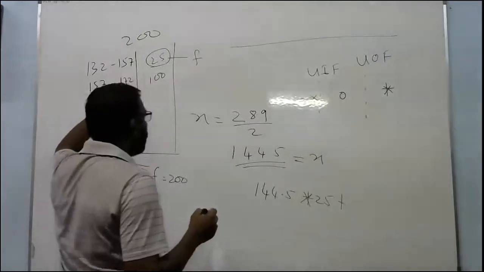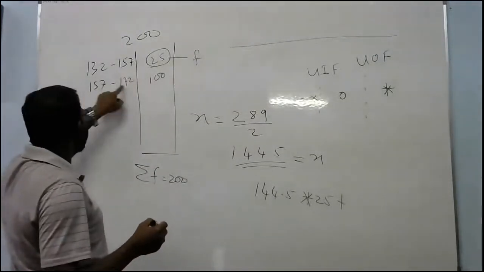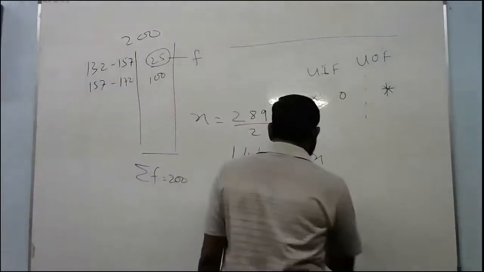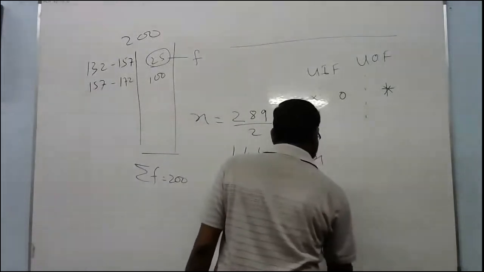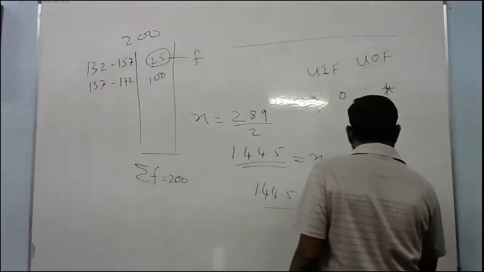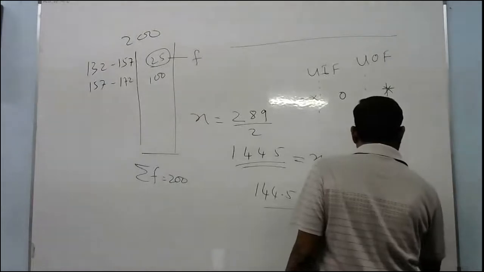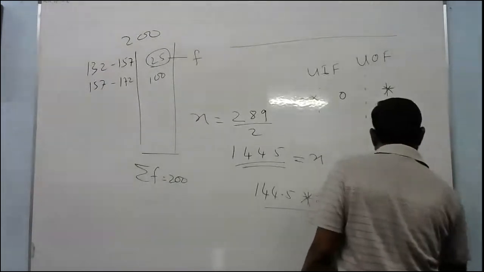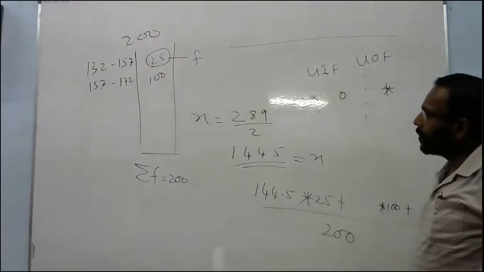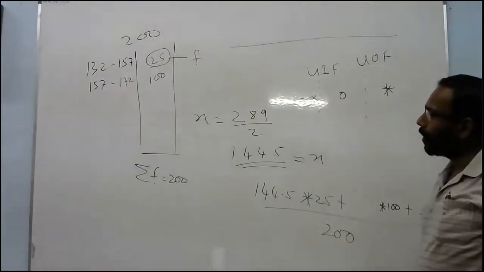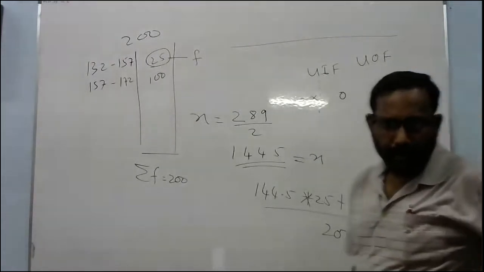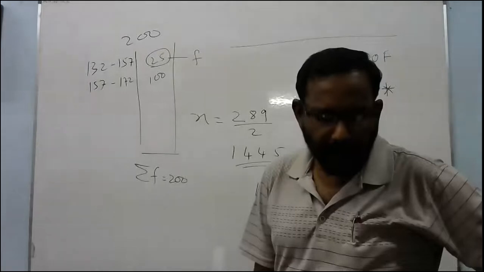What is the average of adding these two? Can somebody calculate? What is the value here? 157 plus 172 divided by 2. What is the value?